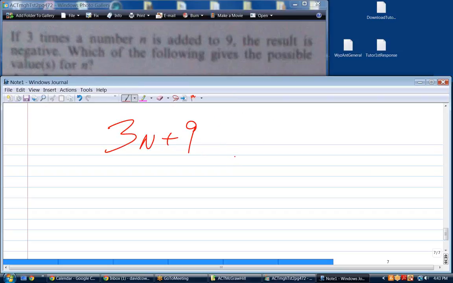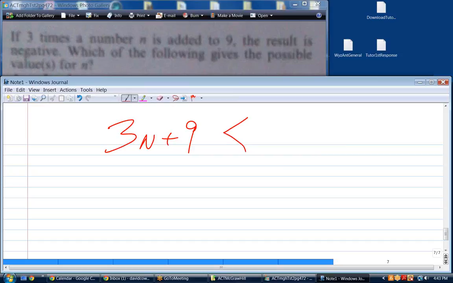That the answer will be negative? Okay, so how can I write that as an equation or an inequality? I can't do this. That doesn't have any meaning. I mean, it has meaning, but that's not an equation. So would it be, could you write equals negative n?